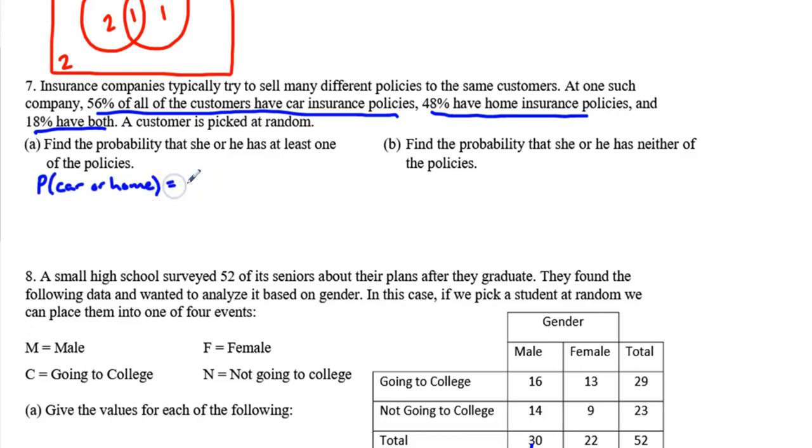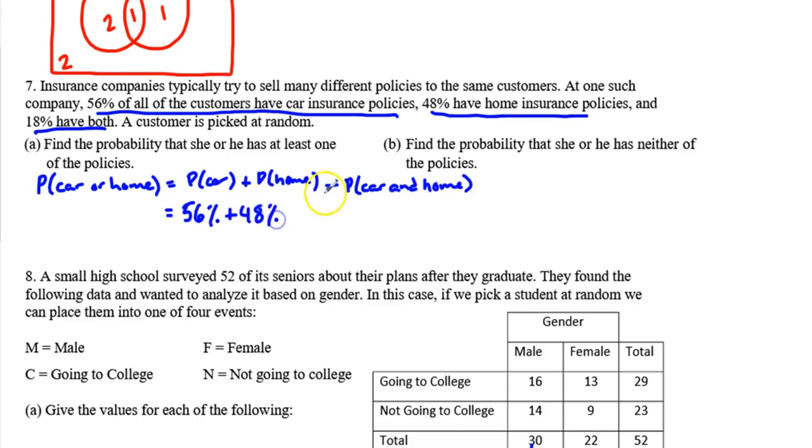And as we saw before, that can be the probability of having a car policy plus the probability of having the home policy minus the probability of car and home. So do we know the car? Yes, 56%. And we know the home, yes, 48%. And we're going to take away the both, 18%.